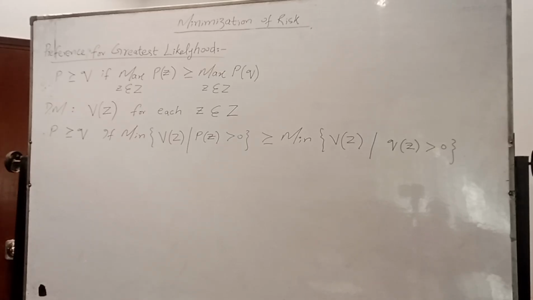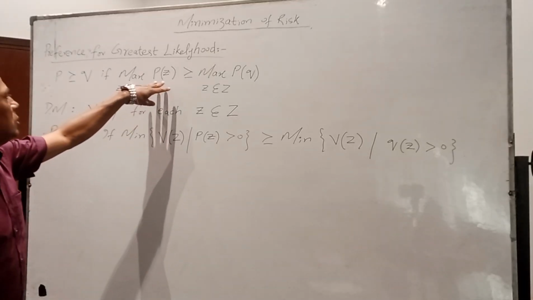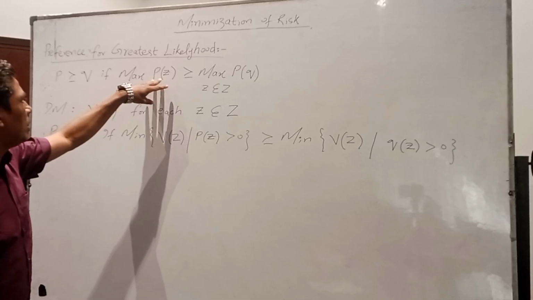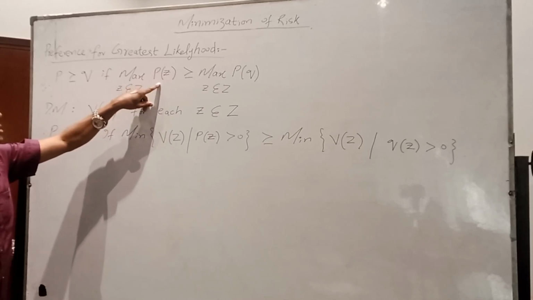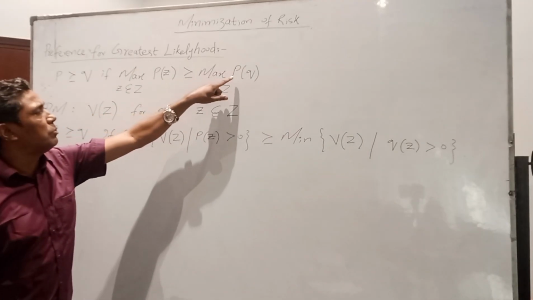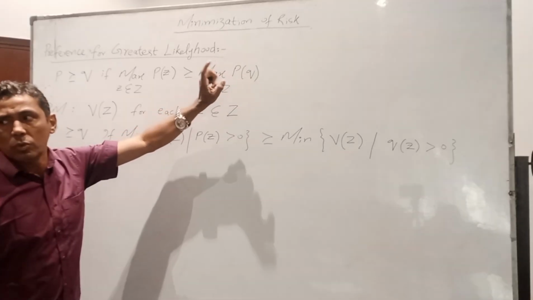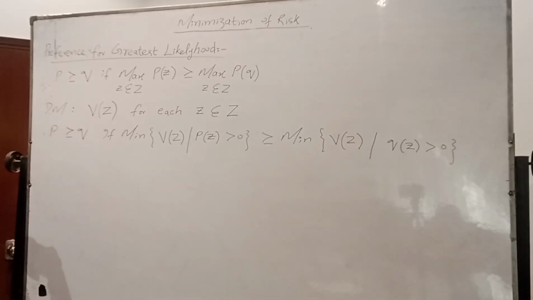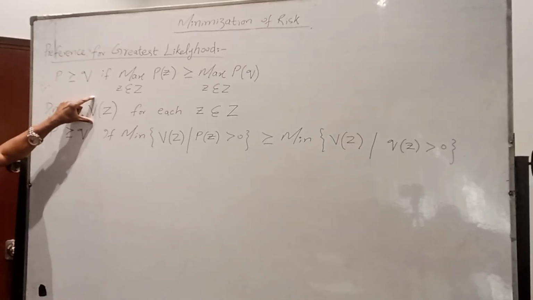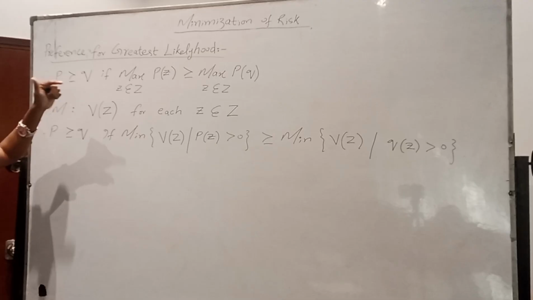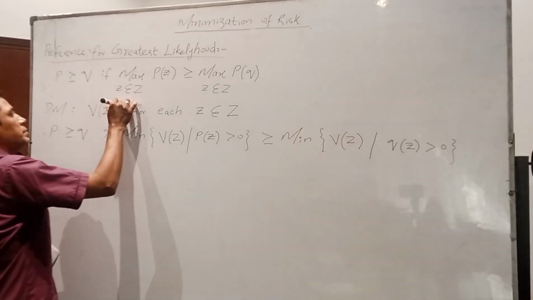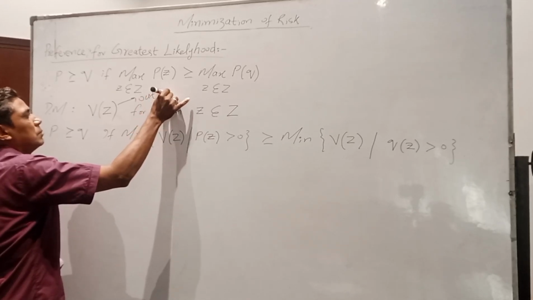First of all, preferences for greatest likelihood. We assume that the lottery P is at least as good as lottery Q if the maximum value of the probability assigned by lottery P, the probability to assign an outcome, is greater than or equal to the max value of the probability assigned by lottery Q. The decision maker has an outcome, the value against these probabilities, which is called the outcome.